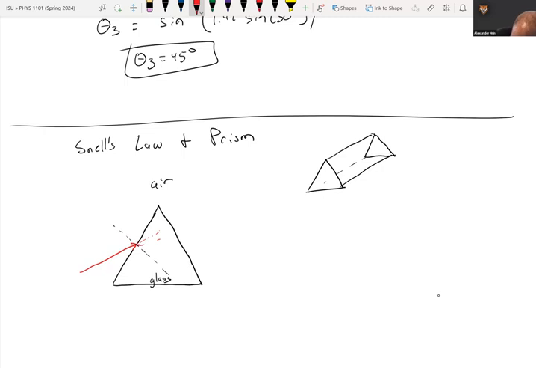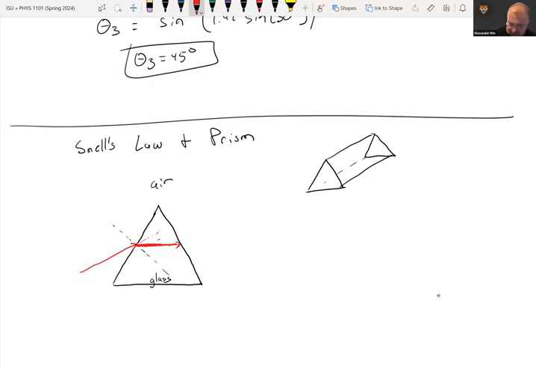So I'm just going to draw it more or less horizontally now, because that's away from what it did and it's toward the black line. That's great because it's going from air to glass. So the glass has a higher index of refraction, slower speed. As a reminder, when that happens, we bend towards the perpendicular.